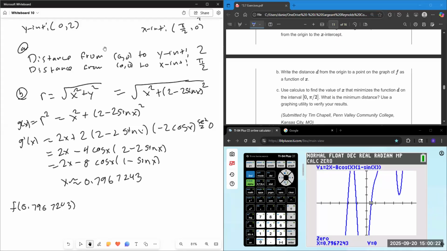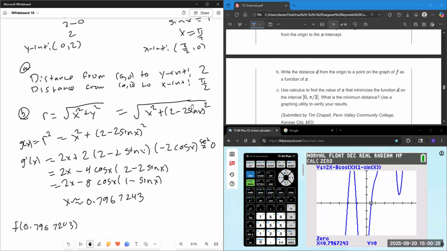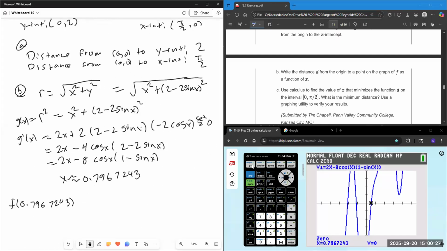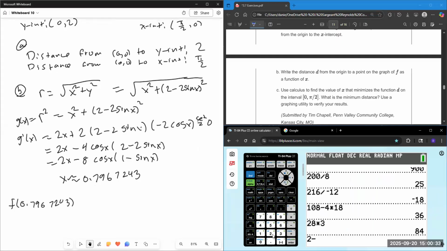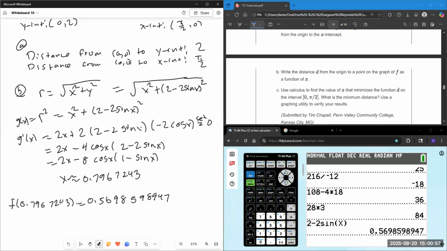We can go back and do that with 2 minus 2 sine of the x value that we just found, and that's going to be 0.569859897.